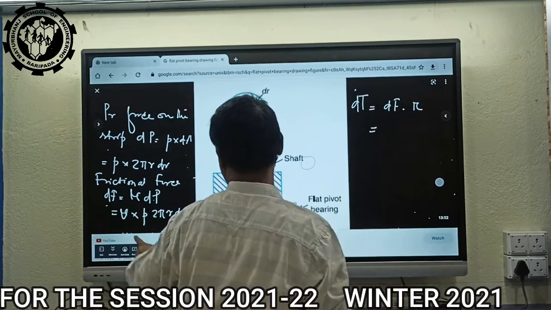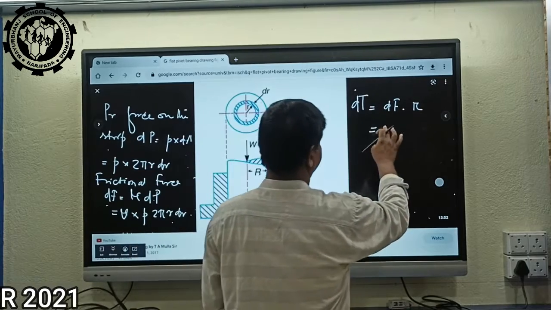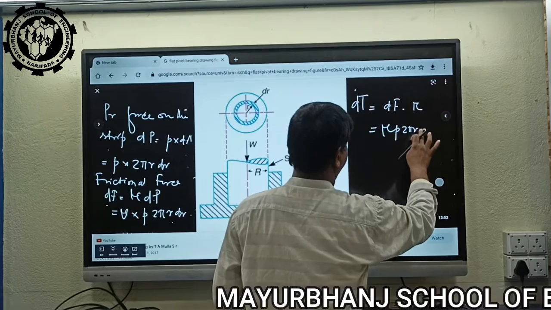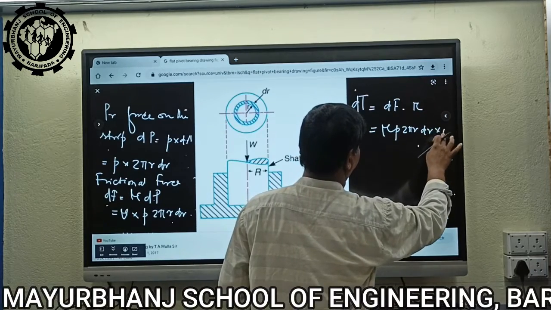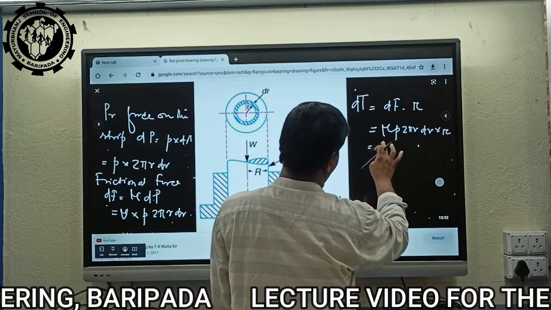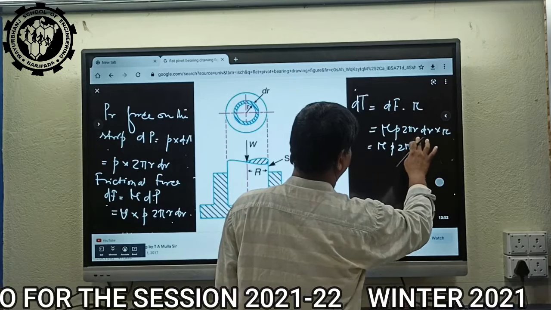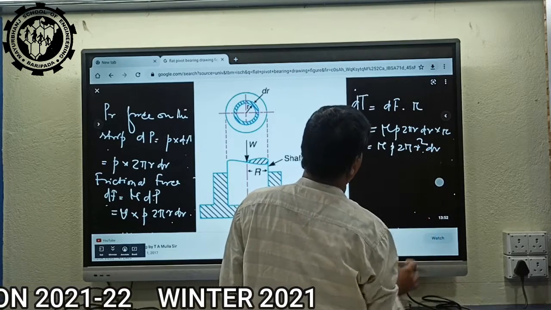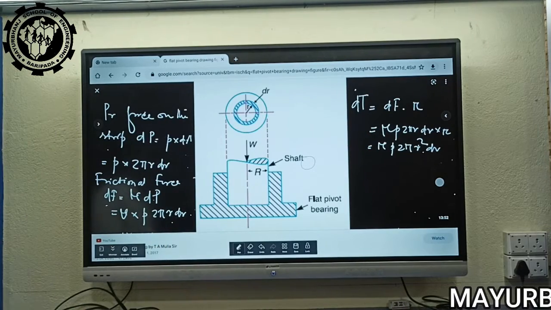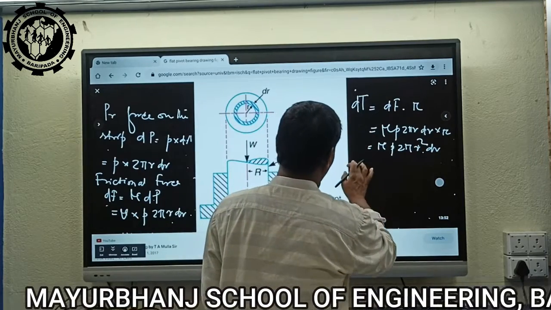So dF means mu P 2 pi r dr, multiplied again by r. So now it becomes mu P 2 pi r square dr. That is the frictional torque lost in friction in the elementary strip.